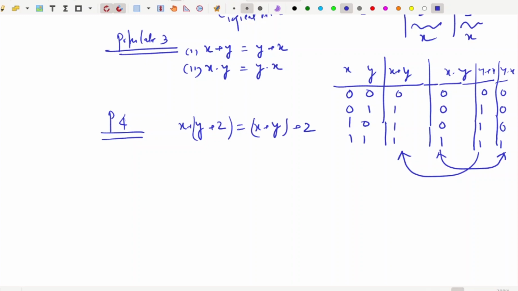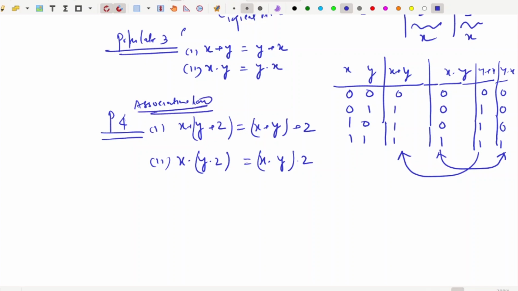This is the associative law for plus, and the same for x dot y dot z is the same as x dot y dot z, grouped differently. We also prove it by using a truth table that the results are the same. So this is the first subpart and the second subpart of postulate 4, that is known as associative.